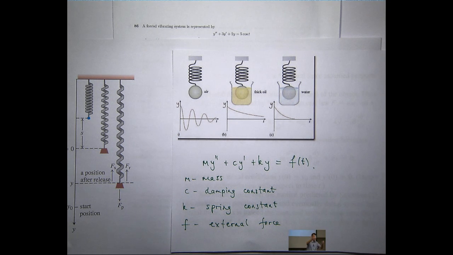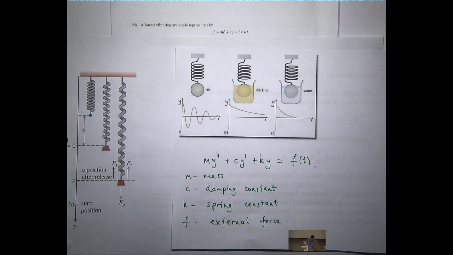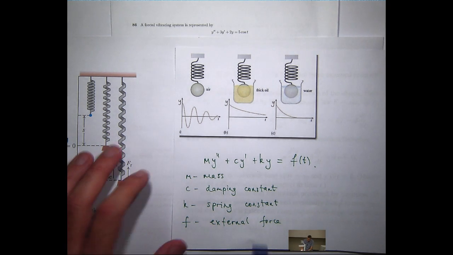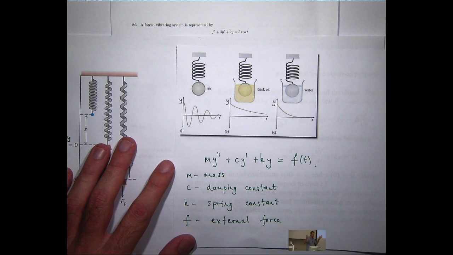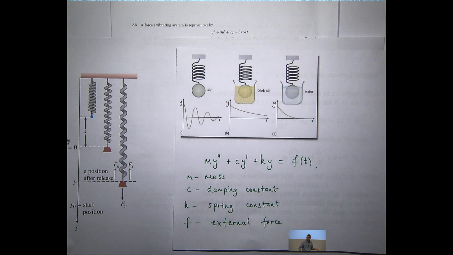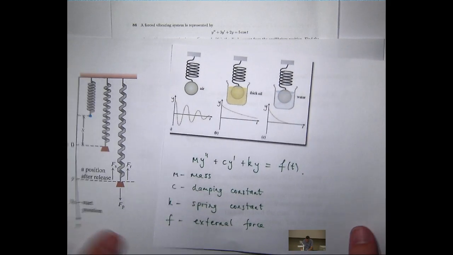And if you sit down and actually derive the differential equations involved, Newton's law, Hooke's law, and also assuming that the damping force is proportional to the velocity, you'll get this. Now C and K are just the damping and spring constants respectively. The bigger C is, the greater the damping, and the bigger K is, the stiffer the spring. So that's the basic idea in a nutshell.